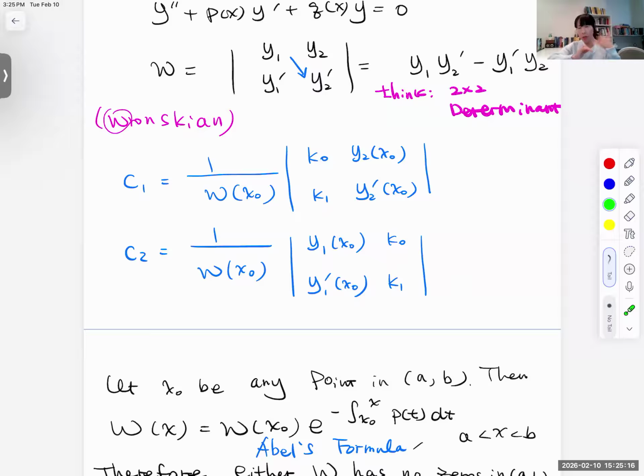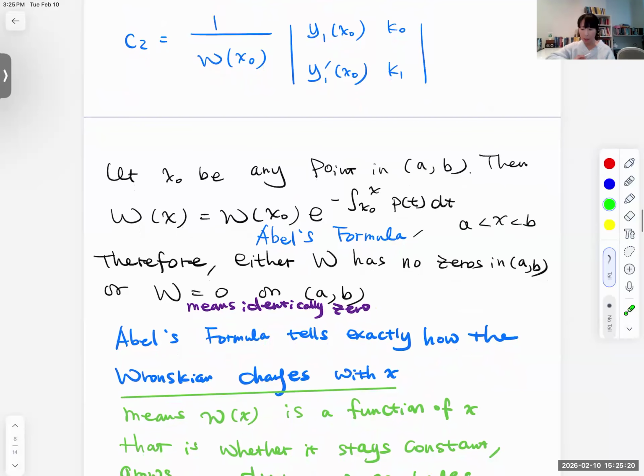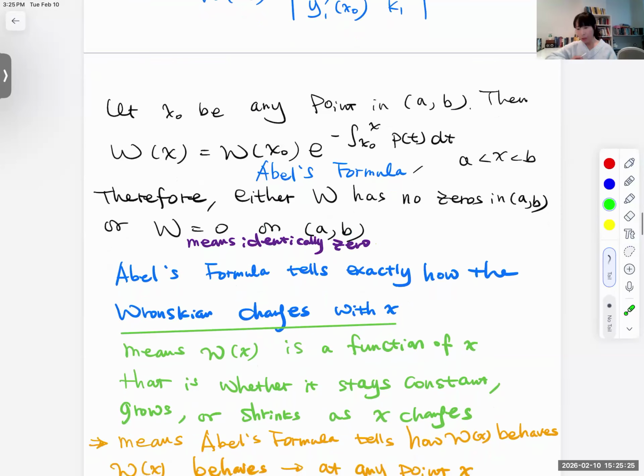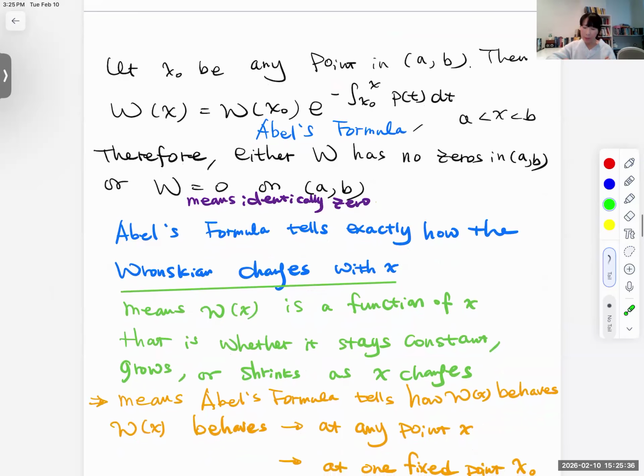All right. Then we have another concept, Abel's formula, but we're not going to use it. We just have the Wronskian, right? So we have Abel's formula like that, right? So e to the negative integral from x naught to x of p of t dt, right?